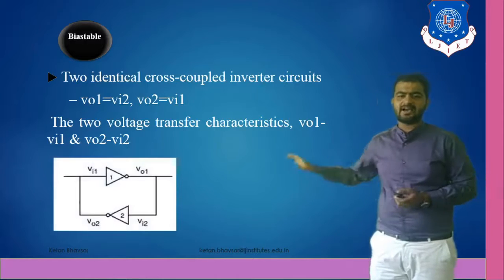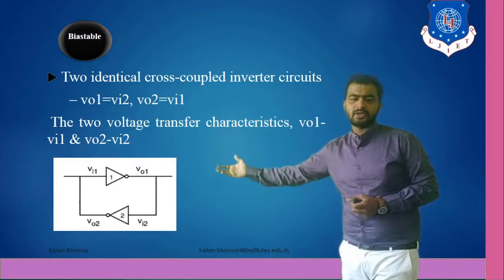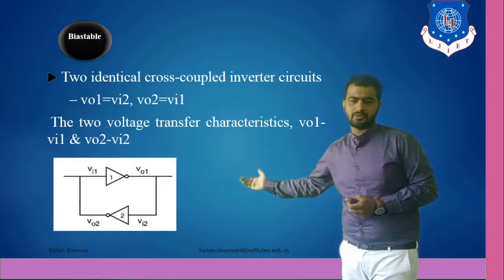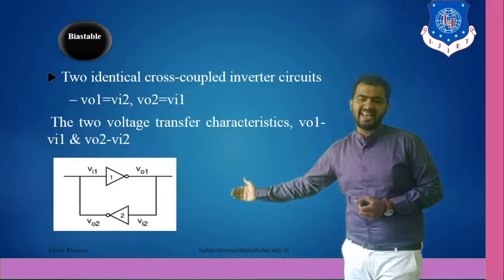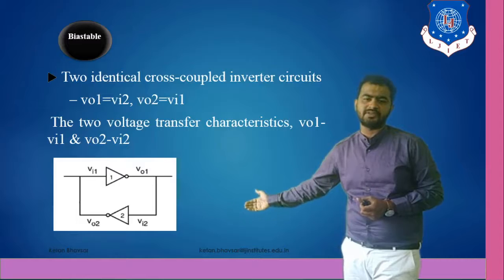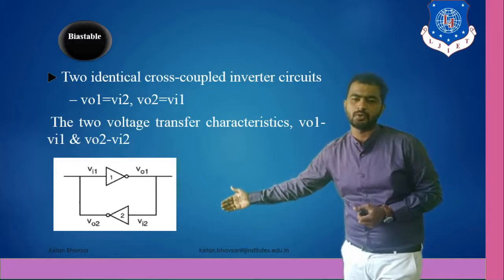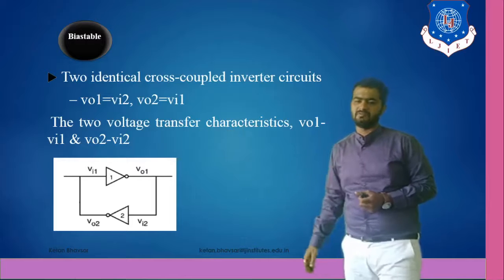As you can see in the diagram, you are taking two inverters. The first inverter input VI1 gives output VO1, and we apply that output to the next inverter input, VI2, then we generate the output VO2, which we again apply to VI1.